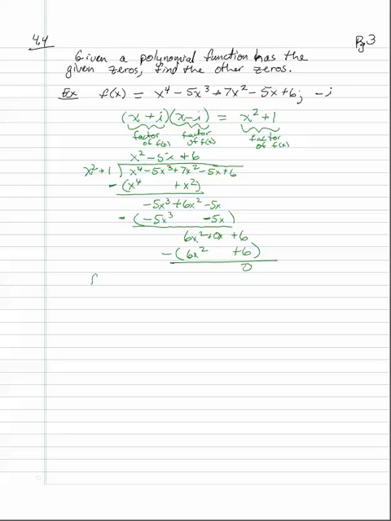So now we have f of x is equal to x plus i, x minus i, x squared minus 5x plus 6, and then we can factor that because it's a quadratic polynomial. So we get x minus 3, x minus 2, since factors of 6 add to 5.